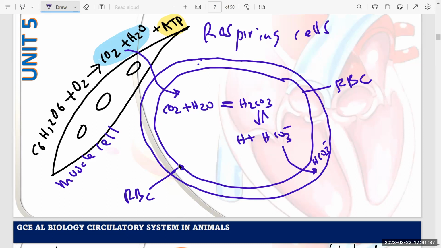Now this blood goes back to the lungs, because oxygen has been delivered and carbon dioxide has been taken into the red blood cells. Now it is going to the lungs.